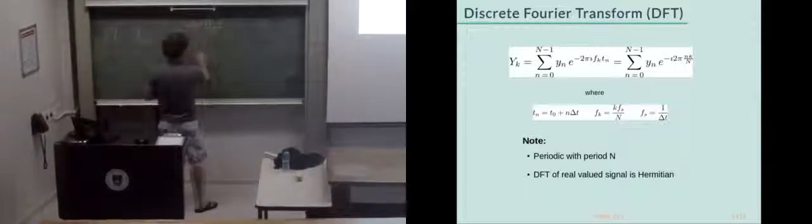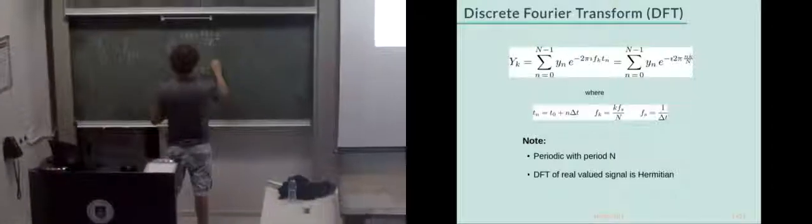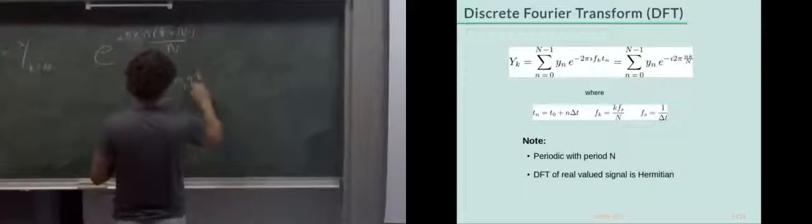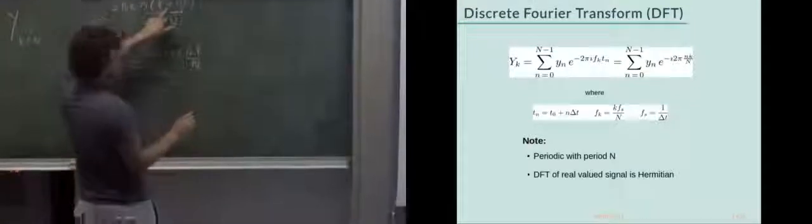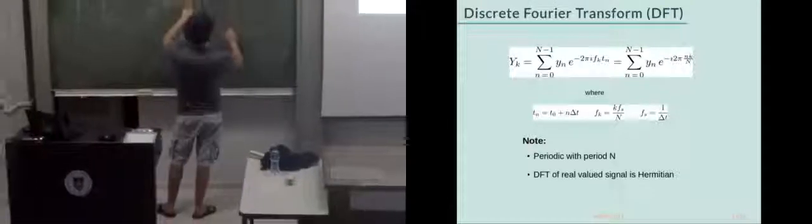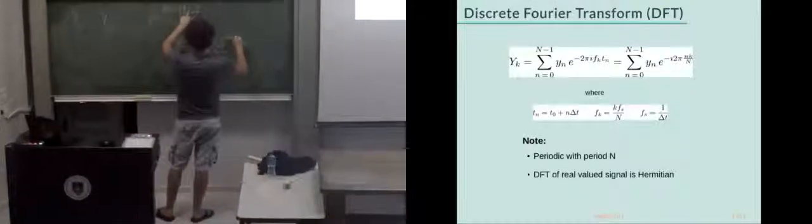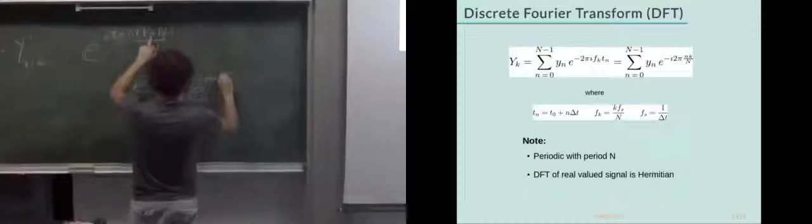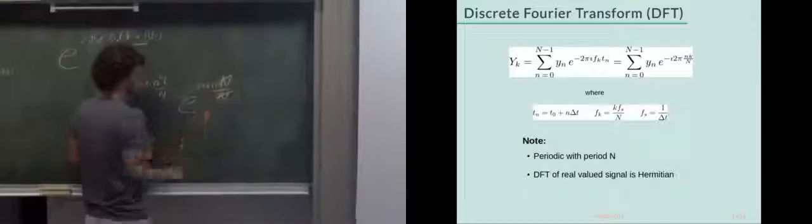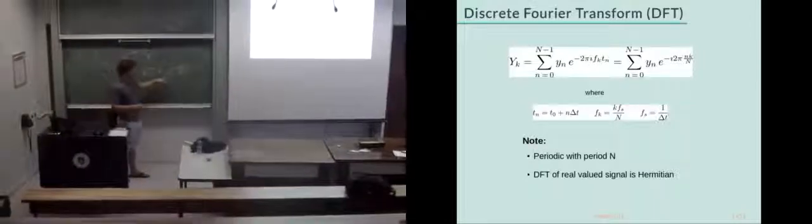This is just the factor i n k over N, and the plus N here just introduces another factor, now it's N times n over N, and your N cancels out.